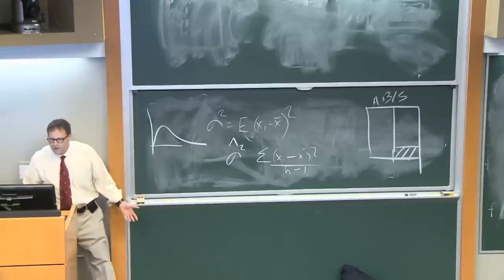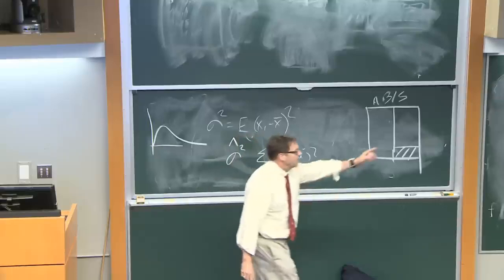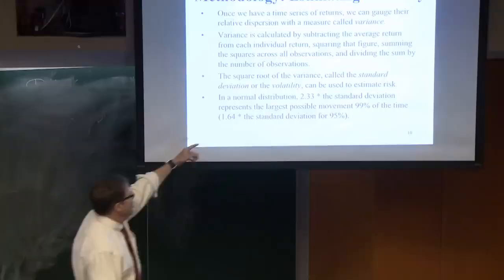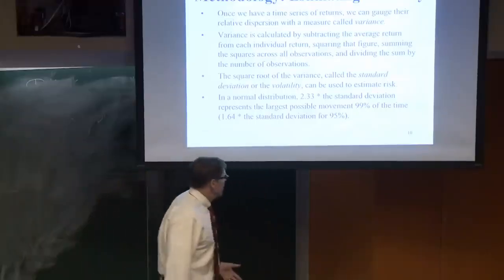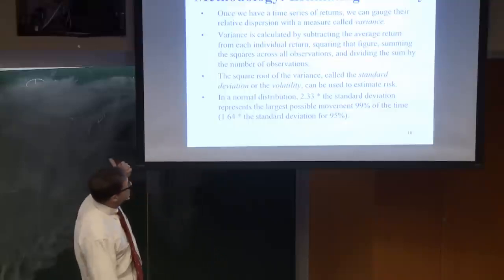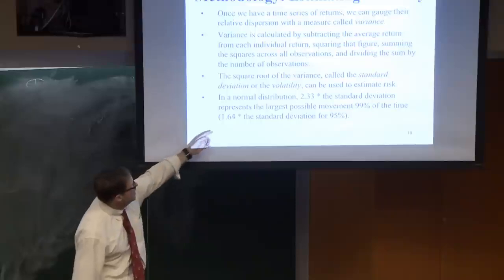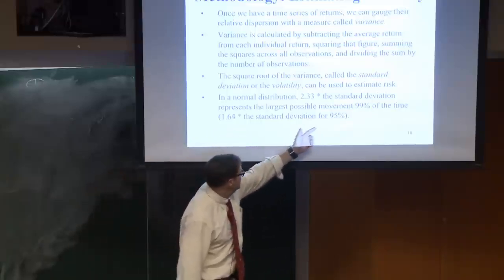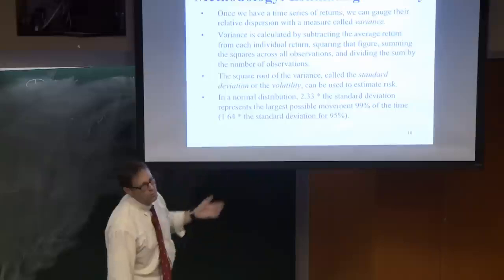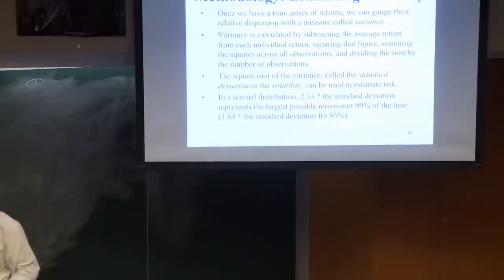So standard deviation is the square root of the variance, also called the volatility. In a normal distribution, 1% of the observations is outside of 2.33 standard deviations. For 95%, it's out past 1.645 standard deviations.